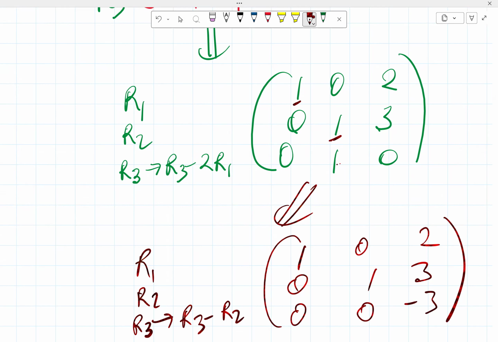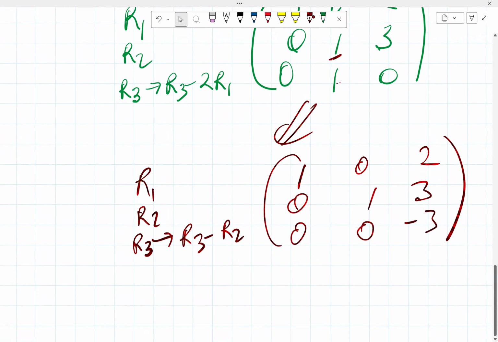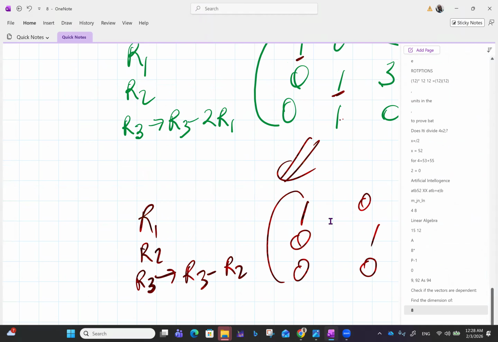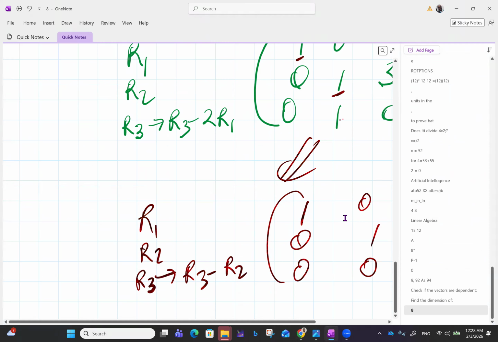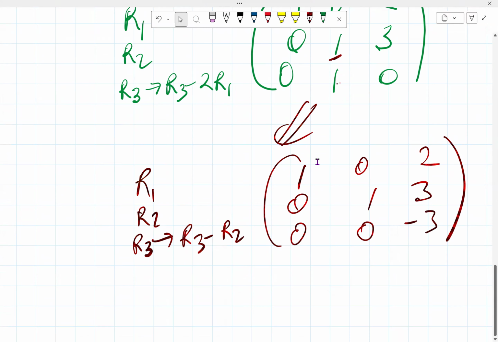Okay? So what else can we do? Well, we could do this in echelon form, but even this is enough. We can already say that this is in echelon form.